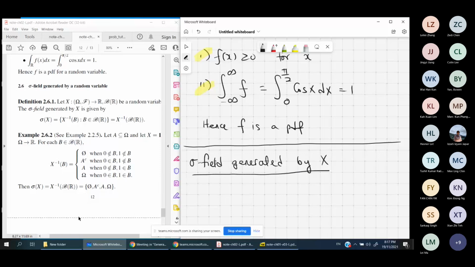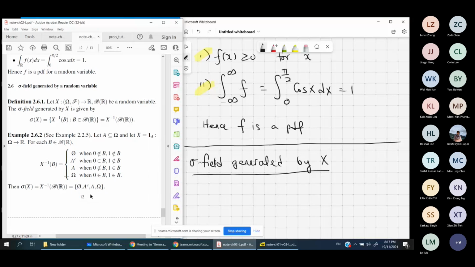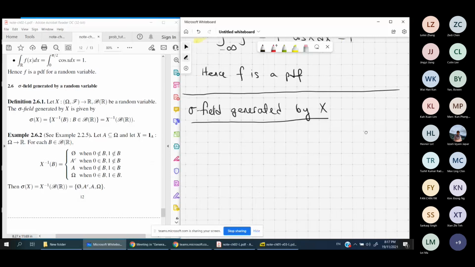Yeah, let's look at the definition for it. X is a random variable from omega to R. Then the sigma field generated by X will be this. That is all the pre-images of it. So if you want to say it in words, it will be like this.